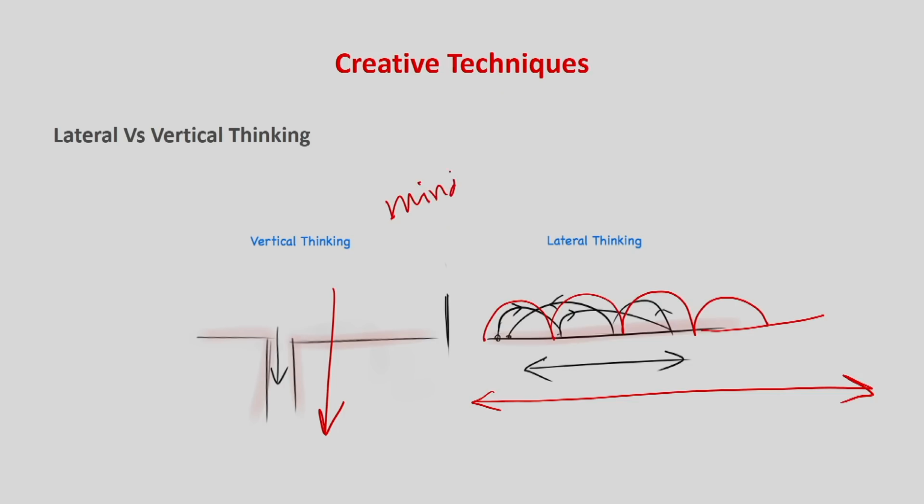One of the most powerful techniques you can use for this is mind mapping. So, in mind mapping, what we do is we doodle out a concept like this, and we continue thinking in those directions.